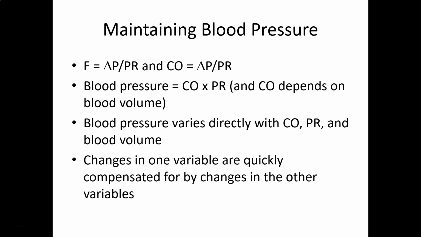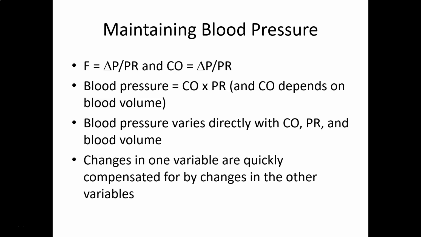Peripheral resistance. That's the opposition to blood flow. The more resistance you have, the more pressure you have. Think about sticking your thumb over the end of the water hose. That's resistance. And when you put your thumb over the end of the water hose, what happens to the pressure on that water coming out? It goes up.